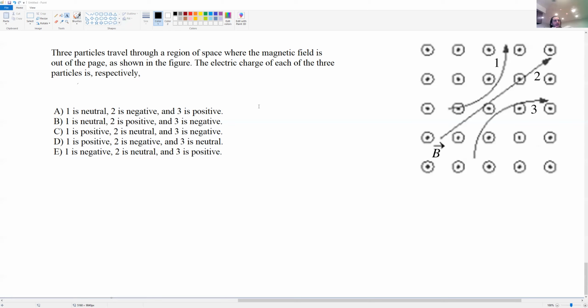Okay, commit to an answer in the next 30 seconds. Okay, 15 seconds. I still have some people who haven't answered yet. I'm going to call you out by name if you haven't answered. We have 6, 7, 8.